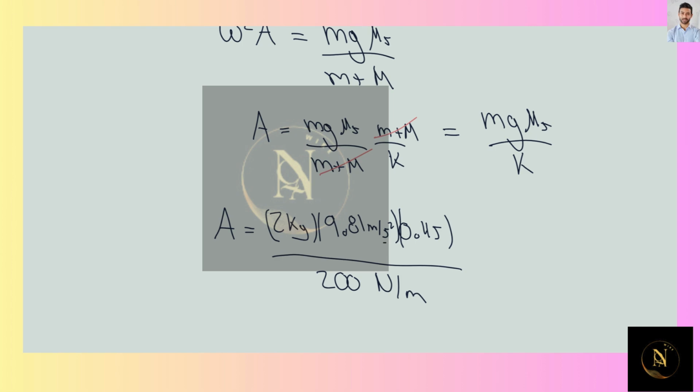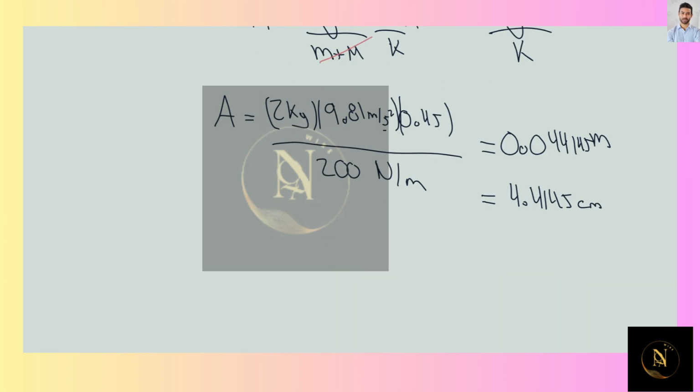Mass times acceleration is newtons, and newtons cancel out, so we get the final result in meters: 0.044145 meters, which in centimeters is 4.4145 centimeters. This is our maximum amplitude.